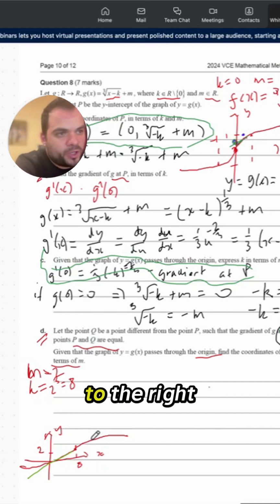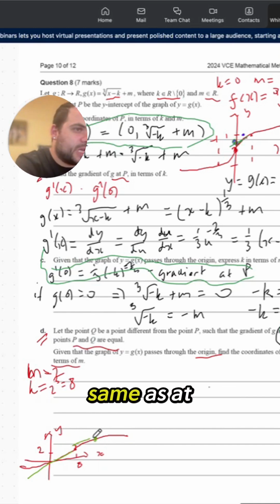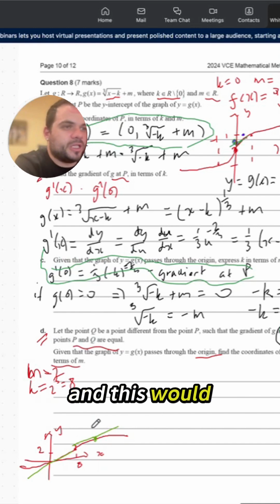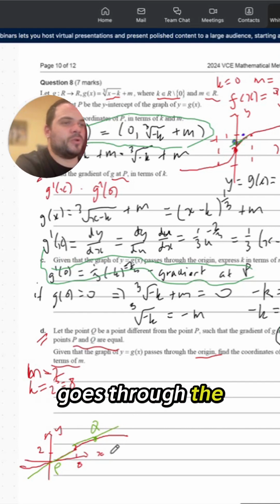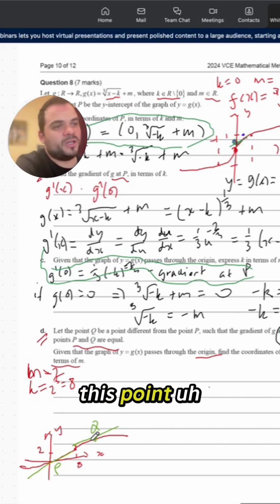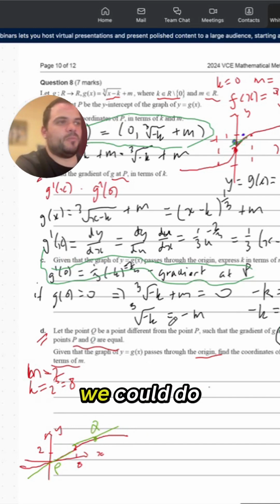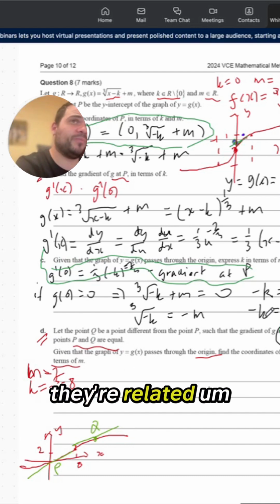And then if we go further to the right, there's another point where the gradient might be the same as at the origin. This would be our point Q, because it's the point other than point P on the graph that has the same gradient. So we want the coordinates of this point in terms of m. We could do it in terms of either m or k because they're related.